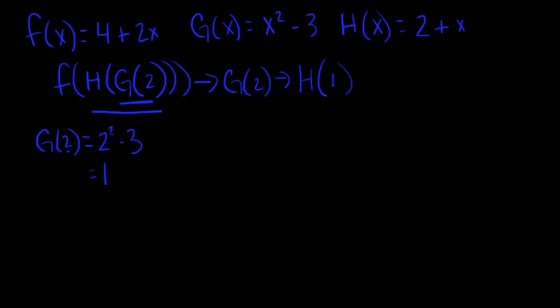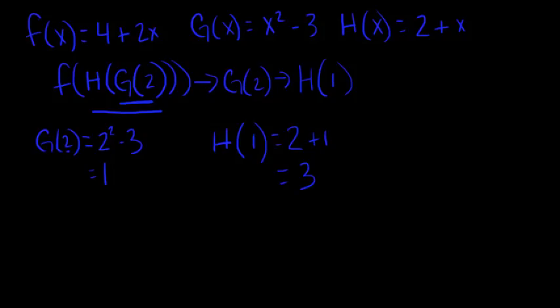So now we plug in 1 for h. So we have h of 1, and our formula was 2 plus x. So it'll be 2 plus 1. Again, that will be 3.